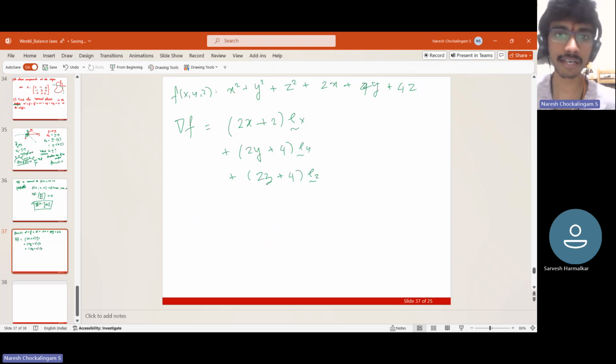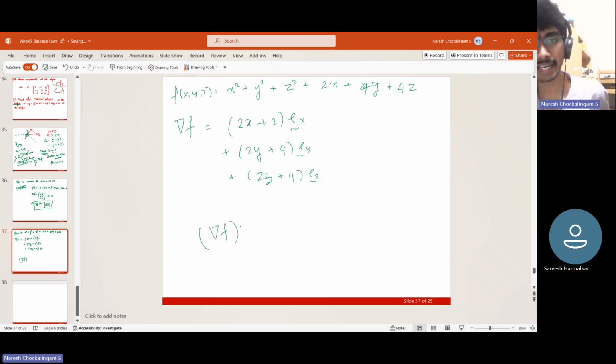This is the normal to this surface. Now, the point of interest is the origin, where the stress is given. The gradient at the origin has components 2, 4, 4.